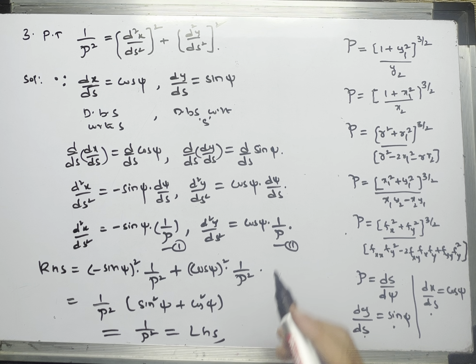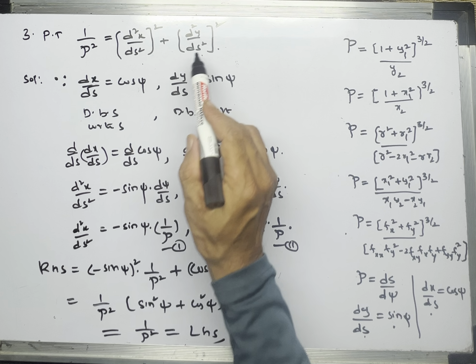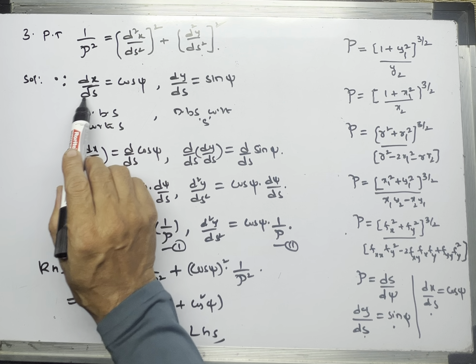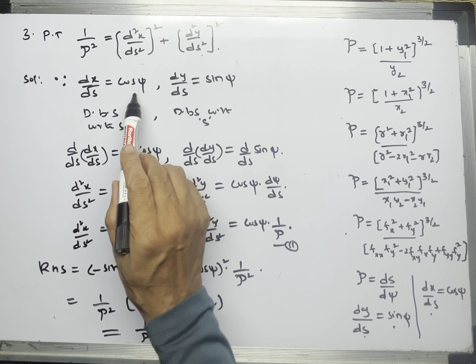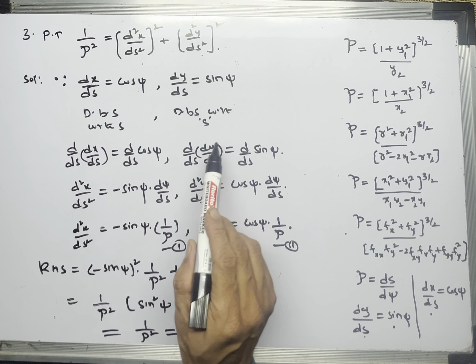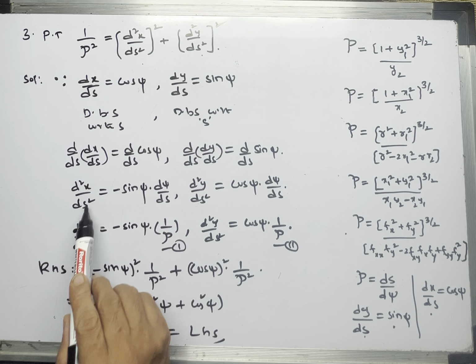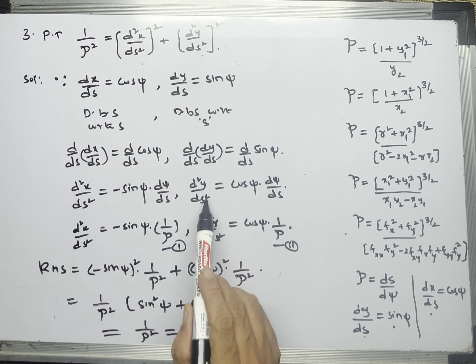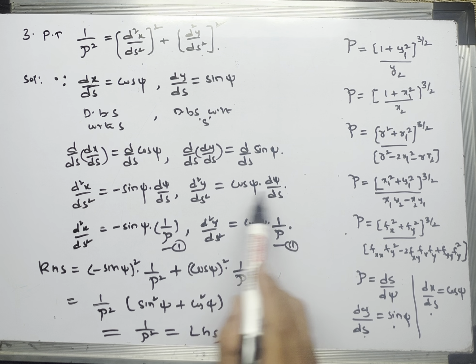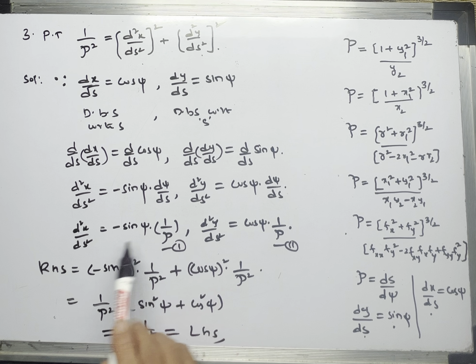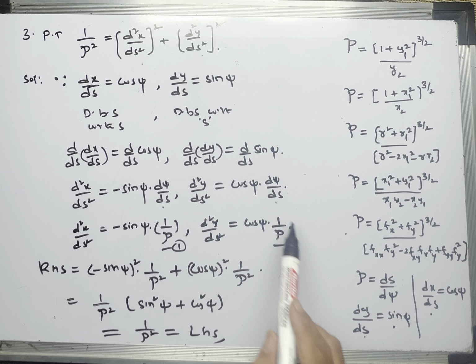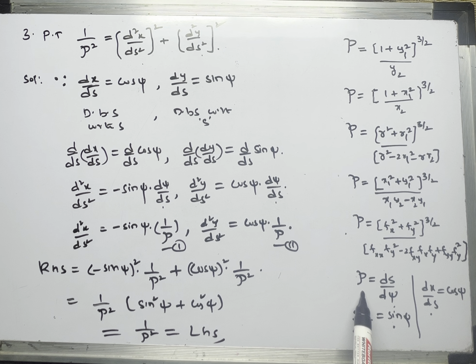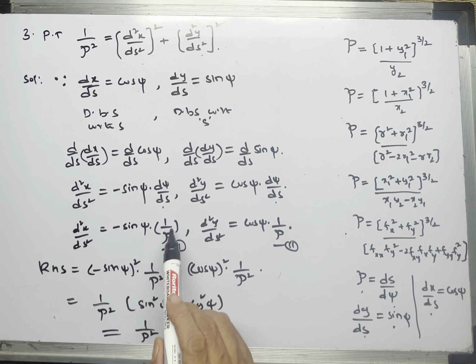So from here, we have not considered the RHS directly. Instead, we take dx by ds and dy by ds, two values, and differentiate both sides. You will get d square x by ds square and d square y by ds square, with inner functions. Once we get the answers, by seeing d psi by ds, you have to remember that ds by d psi is rho, so d psi by ds is 1 by rho.